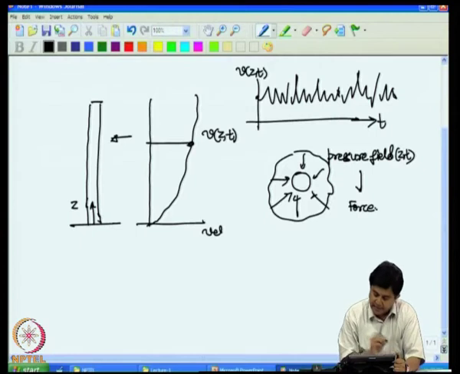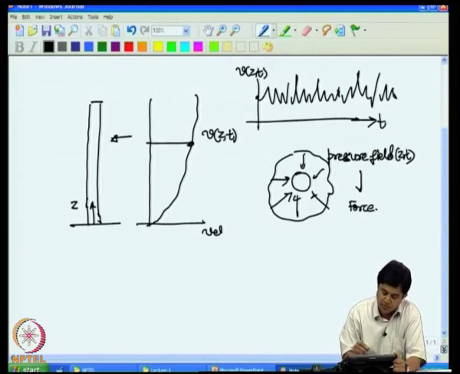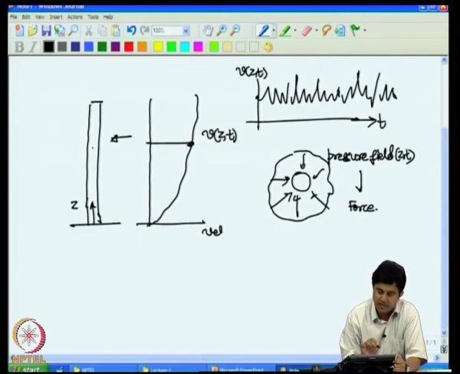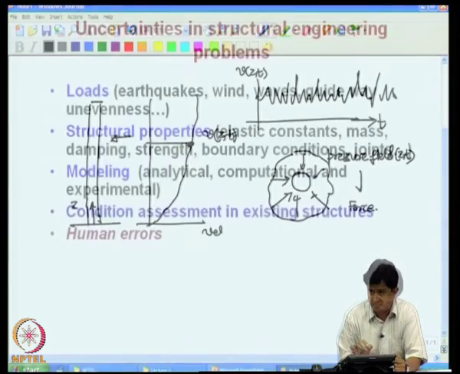Okay. It can be shown that this force is proportional to the square of this velocity. So, consequently, any erratic behavior of this velocity will manifest as an erratic load on the structure, and we say that this structure is undergoing random vibration under wind induced loads.